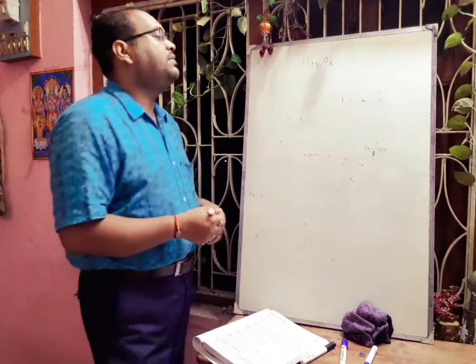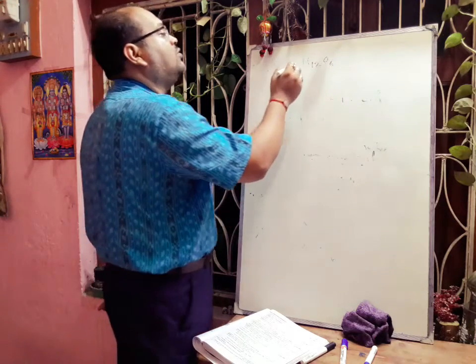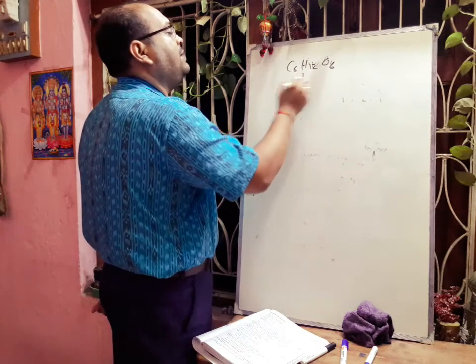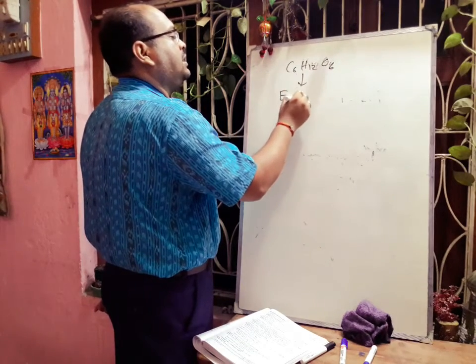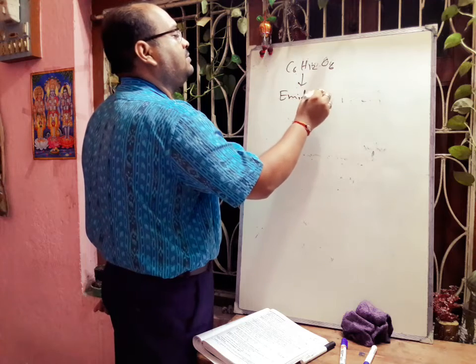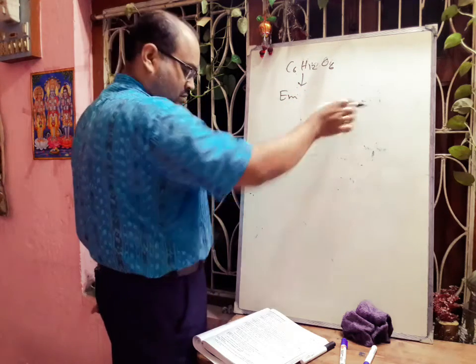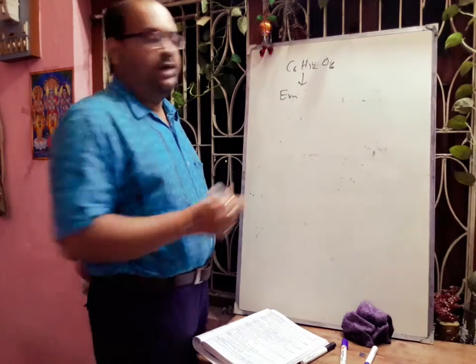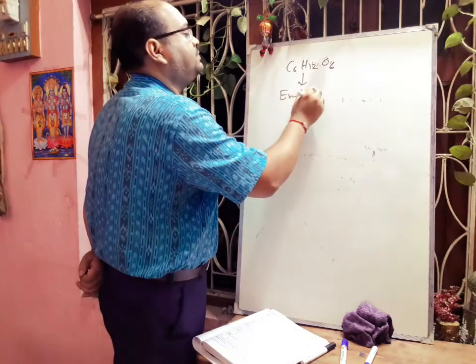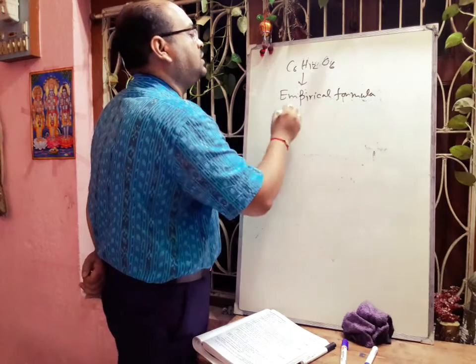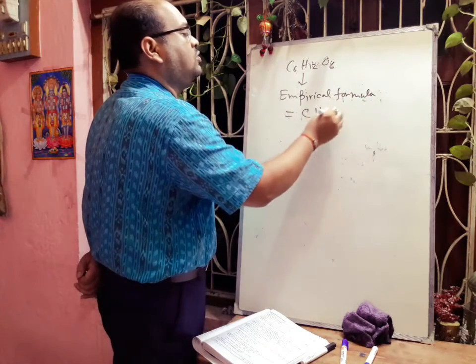Suppose in case of glucose, that is C6H12O6. So here what will be the empirical formula mass? The empirical formula is equal to CH2O.